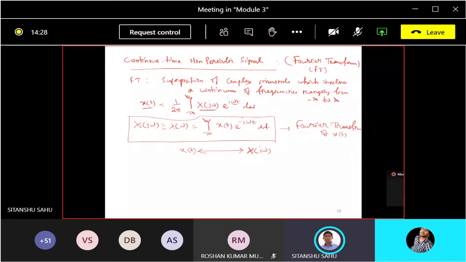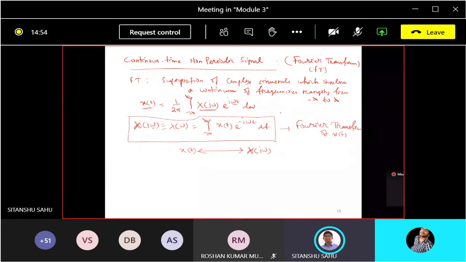Now let us look at its characteristics, and with an example we'll see how the Fourier transform looks. If you see here, x of j omega, the Fourier transform, is also continuous in nature, since omega is continuous, and the frequency goes from minus infinity to infinity.